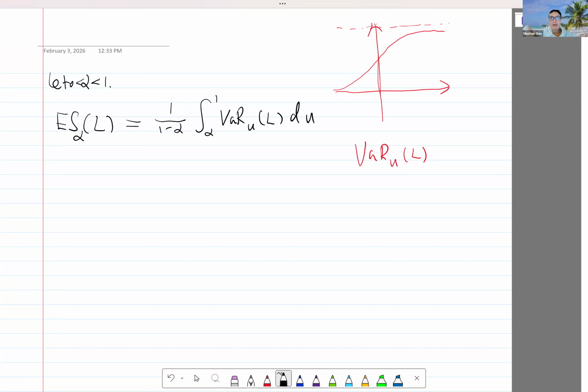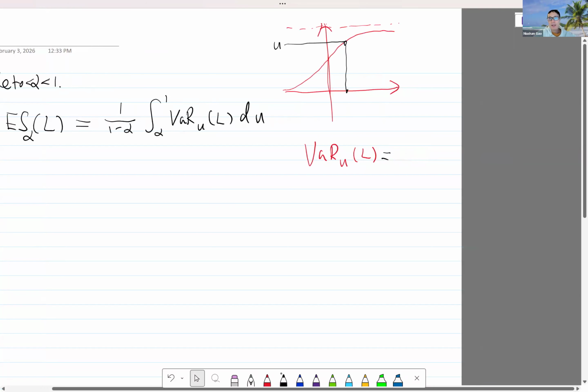Value at risk is just, if you give me a level u, the corresponding x. If the capital F has an inverse, then it's just the inverse function. If it does not have an inverse, then we define it as a generalized inverse.